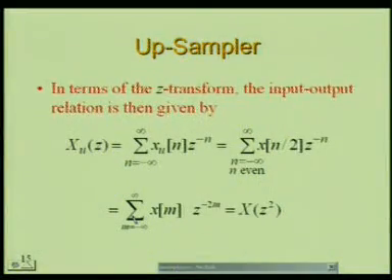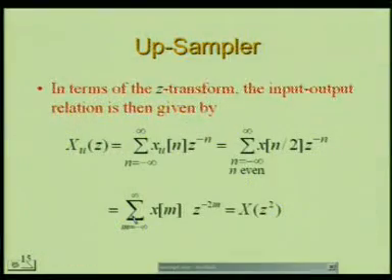From the basic definition itself, I can write X_u(z) is equal to the sum over n from minus infinity to plus infinity of x_u[n] z to power minus n, that is equal to, for even n, the sum of x[n/2] z to power minus n, that is equal to the sum of x[m] z to power minus 2m, that is equal to X(z to power 2).